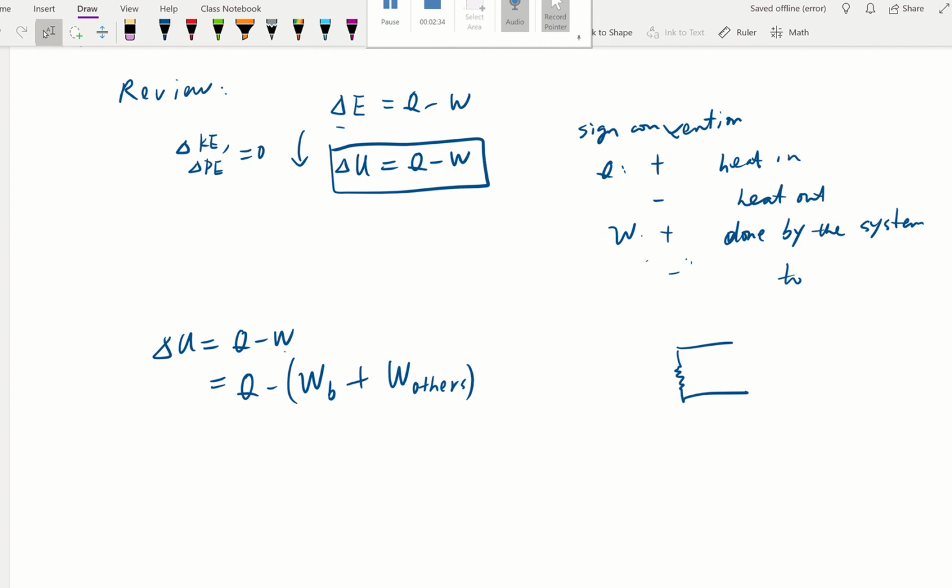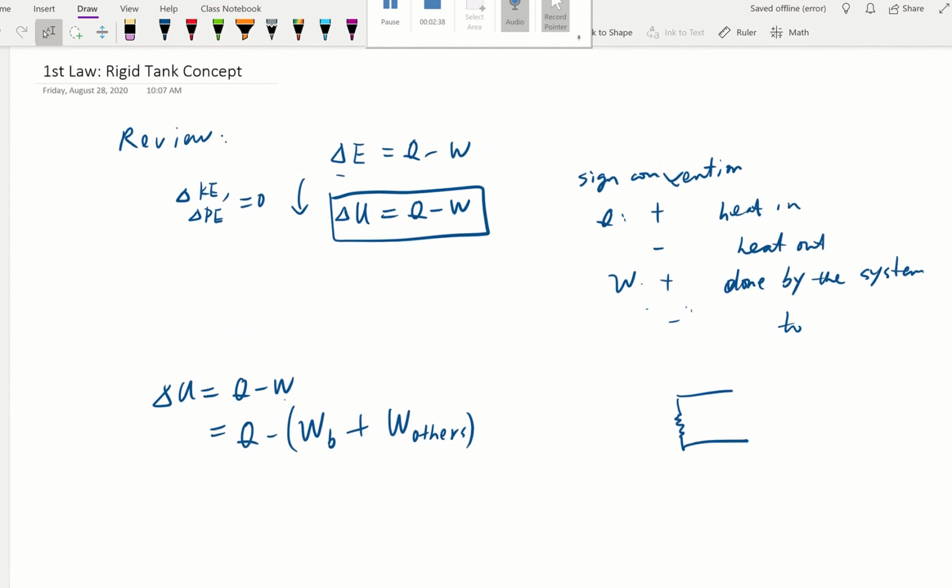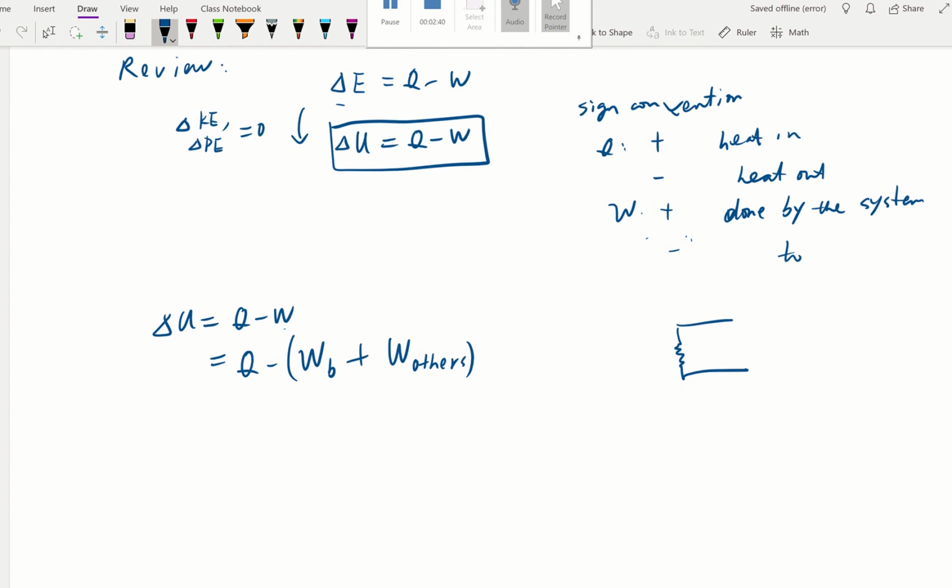Now, knowing that, we're going to look at a special situation, which is our rigid tank. If it's a rigid tank, we learned before that the boundary work is equal to 0, because there's no boundary moving up and down. You can look at the video on boundary work.